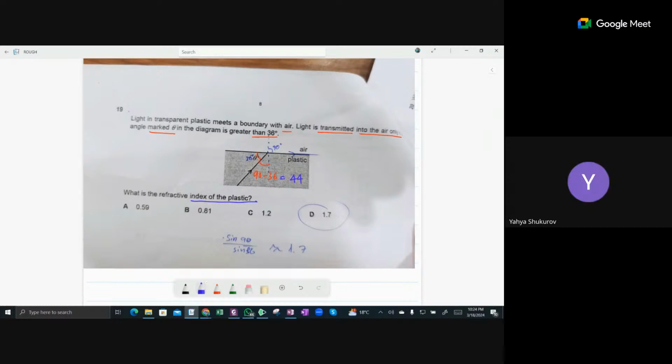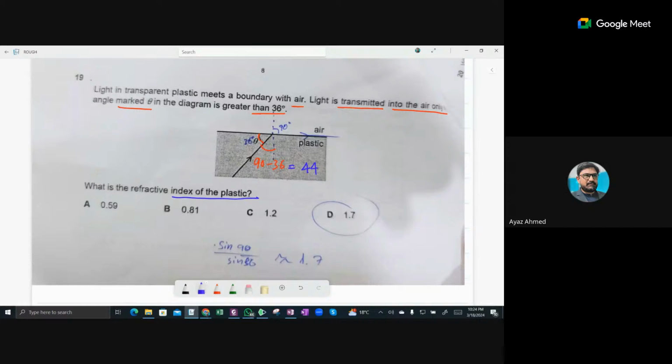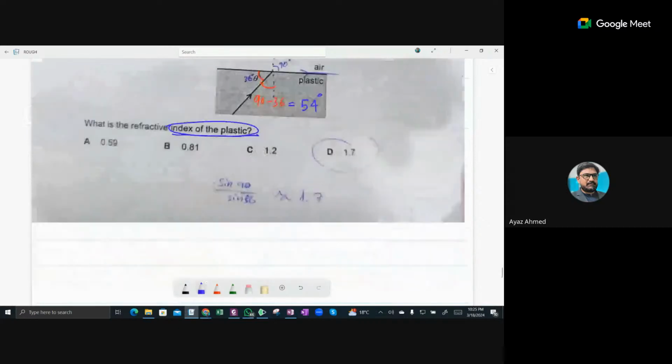What is the index of 54? So what is the refractive index of the plastic? Very good. Well done. Sin i equals sin r, because light is entering from denser to rarer.